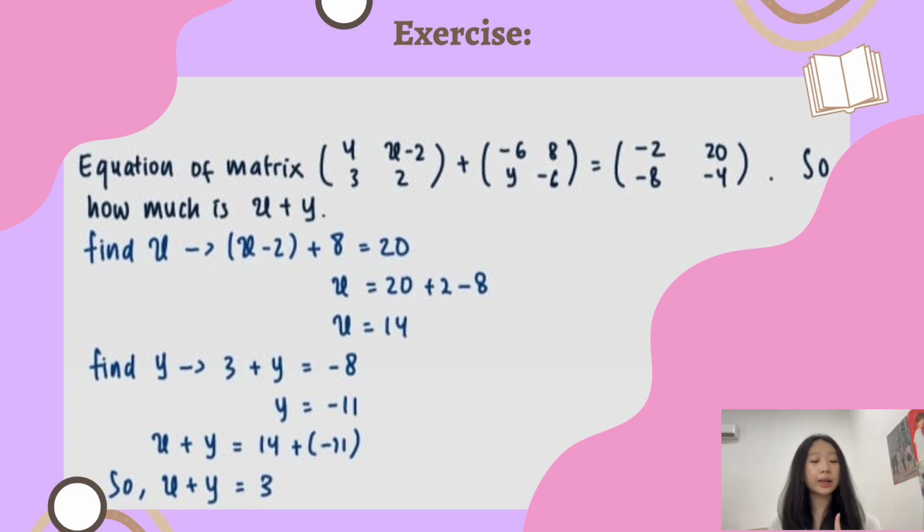Then the X was 14. For finding the Y, it was 3 plus Y equals minus 8, which remains Y equals minus 8 minus 3, so the Y was minus 11.